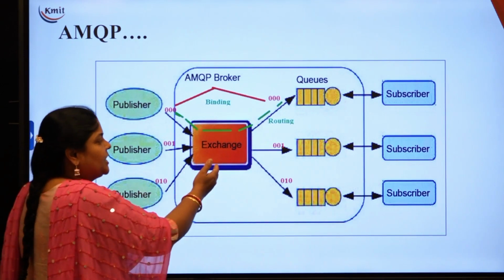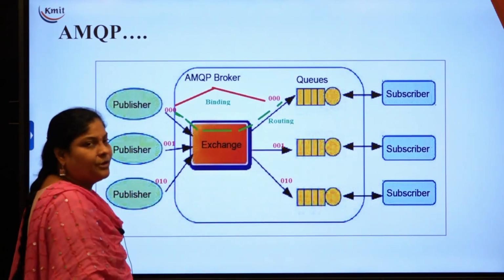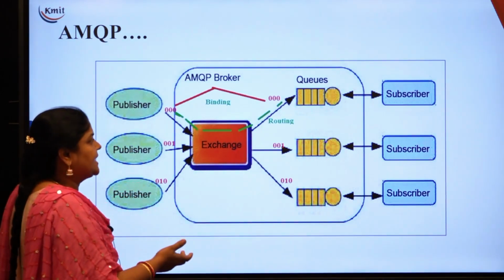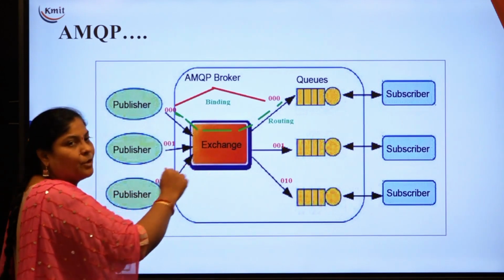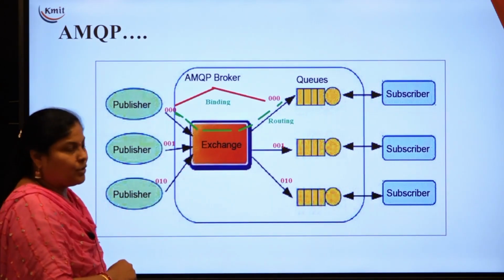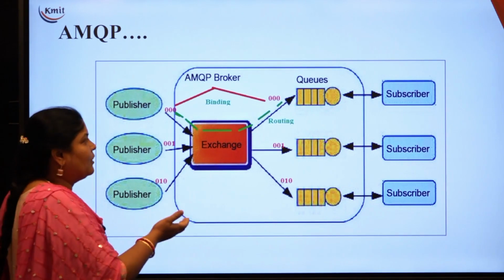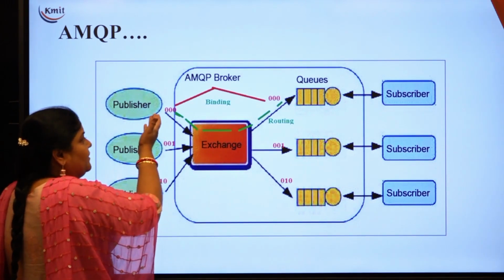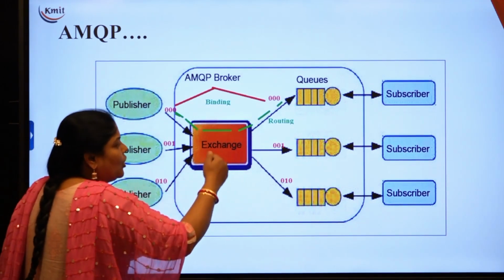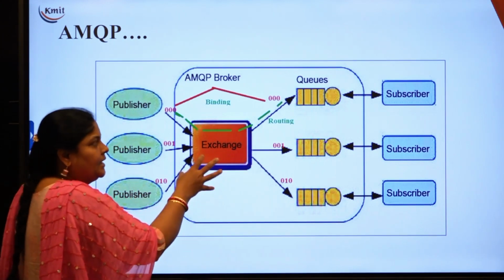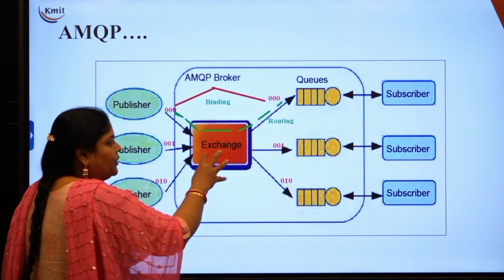Like this, the exchange will decide to which queue you need to send the data. If it is direct, it will check whether the binding key is equal to the routing key. If you use fanout, whatever data it is getting from the publisher, it will send to all the queues which are bound to that. In this diagram, if you see, 3 queues are bound to that exchange.